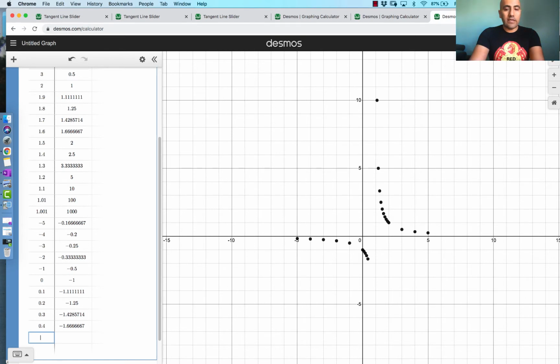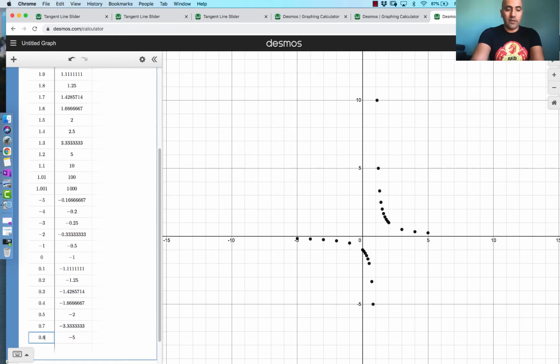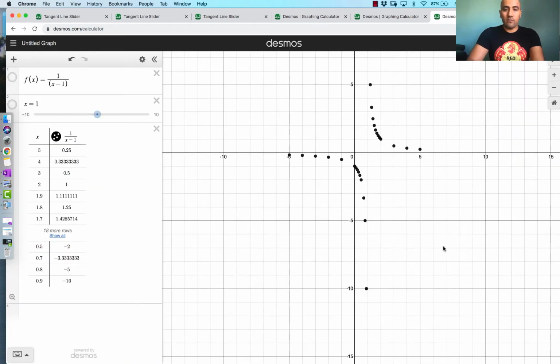As I'm slowly getting closer and closer and closer to 1, but always approaching from the left-hand side of 1, I see that my output values are getting larger and larger toward the negative direction. 0.5, 0.7, 0.8, 0.9. At 0.9, the output is negative 10, so I already have to kind of move this a little bit so we can see it.